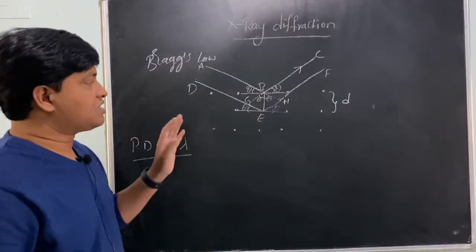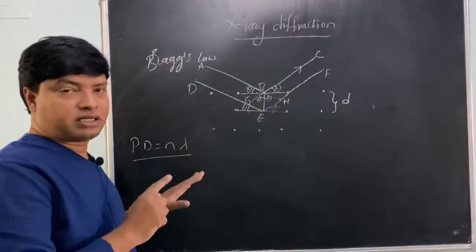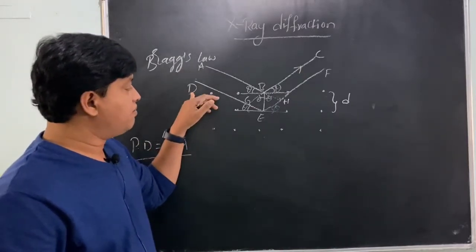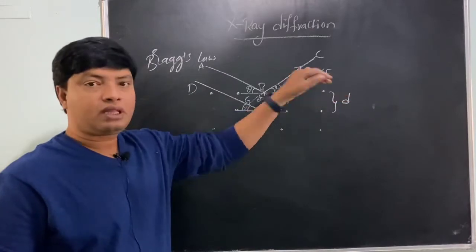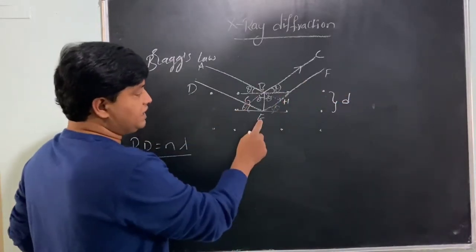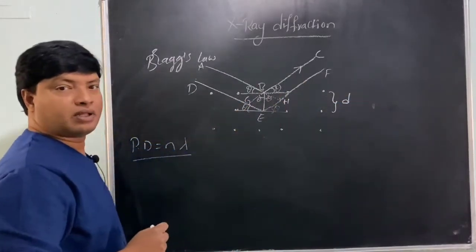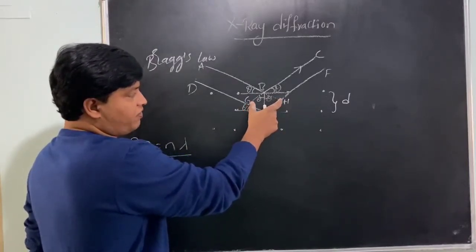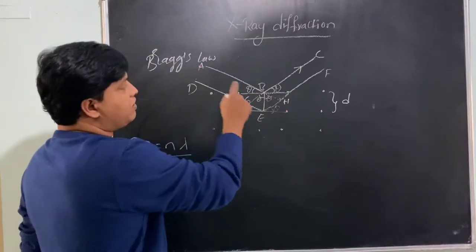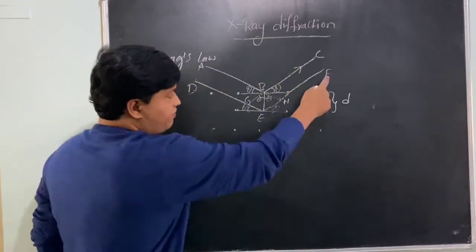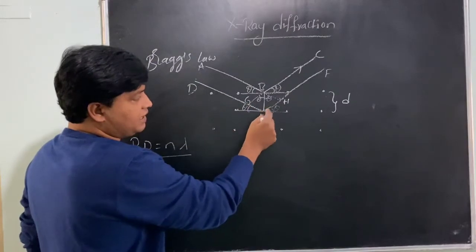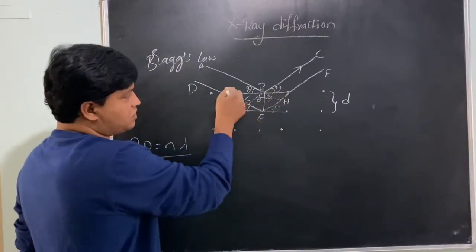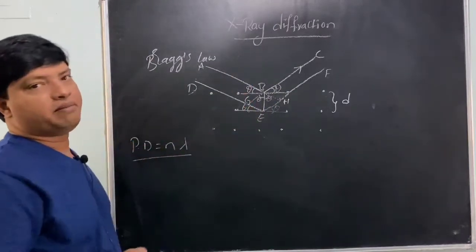Listen carefully here, because if you miss this, you won't get that. The extra path traveled by D, E, F is G, E and E, H. If you cut G, E and E, H and join the remaining parts, it will be equal to ABC.